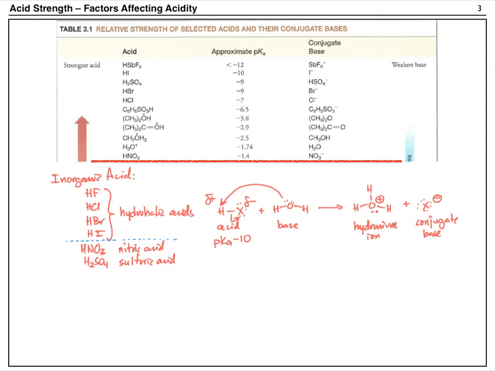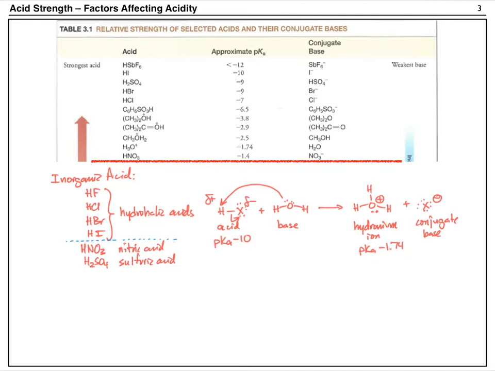Now let's find the conjugate acid on the product side. That's hydronium ion, H3O+. We go on the table, we see H3O+ here. That has a value of -1.74. So let's write that down. We are able to determine the location of the equilibrium, either reactants or products, based on these pKa numbers of the acids.